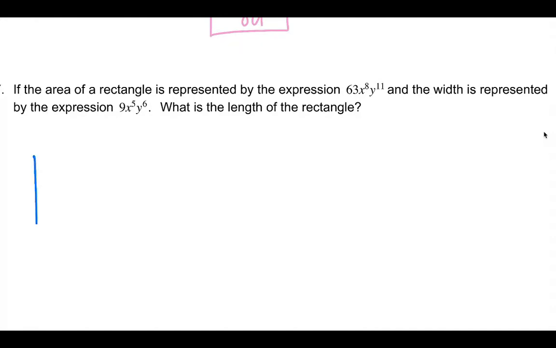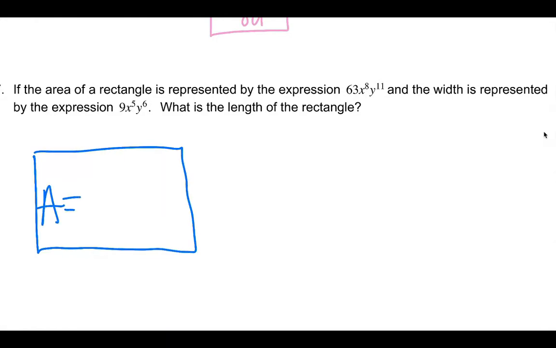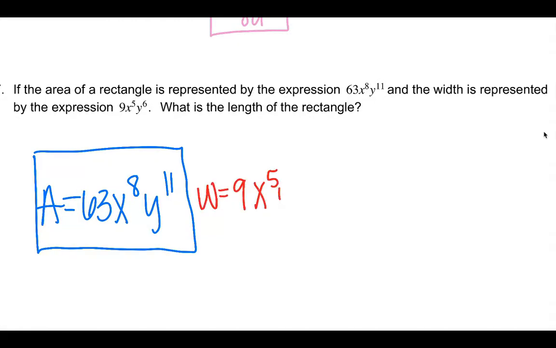So I've got this rectangle here, and I know the area, 63 x to the 8th, y to the 11th. I've got the width, which is 9x to the 5th, y to the 6th, and I don't know what the length is. That's what I'm looking for.